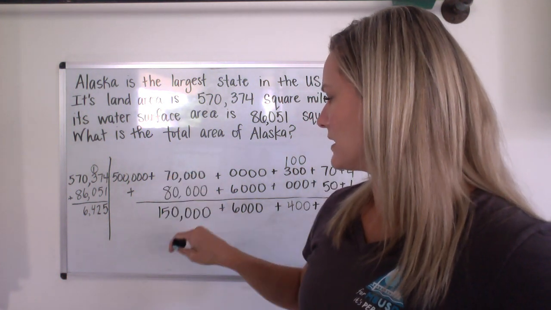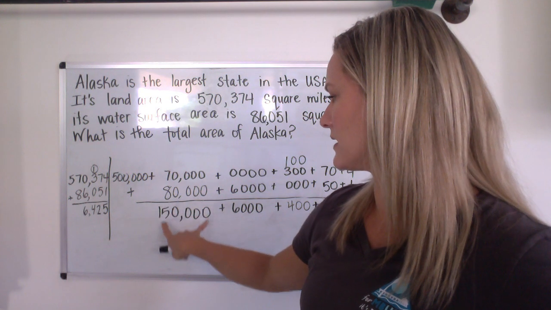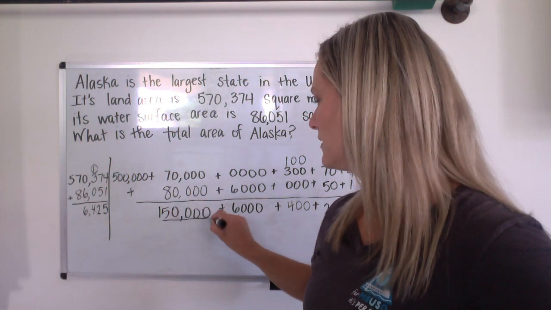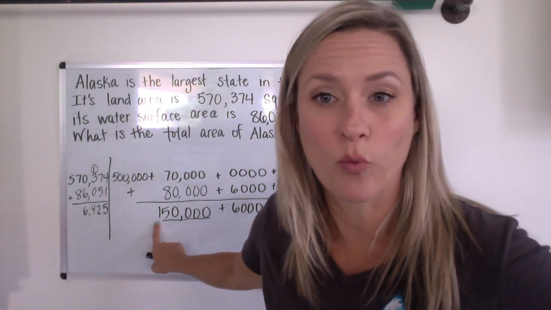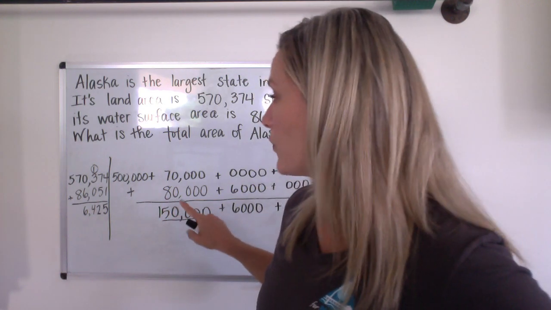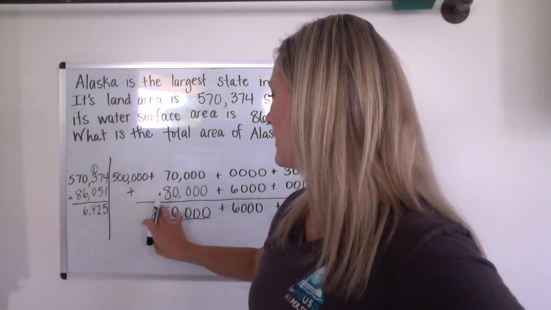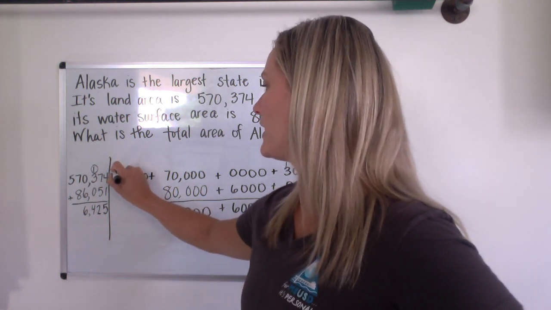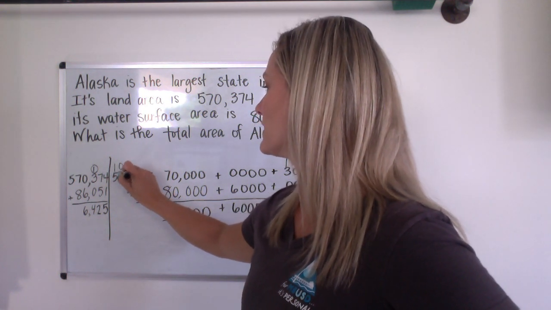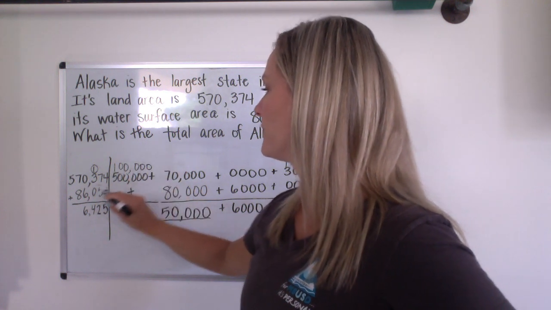Okay, but now check this out. We've got our 10,000s here and 10,000s here, but this one is worth 100,000. So we have to put it in the 100,000 column. So I'm going to take this one and I'm going to put it here in the 100,000 column.